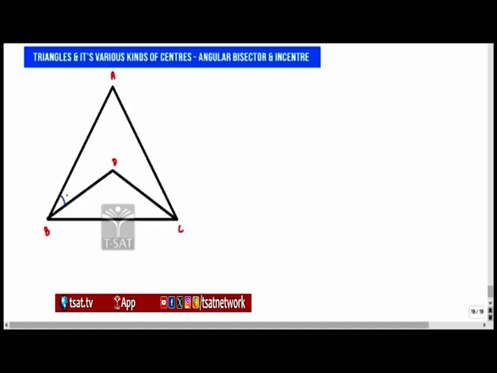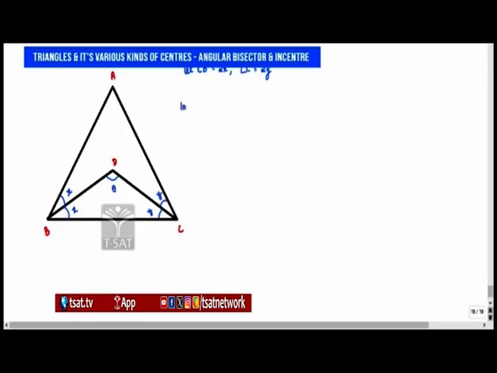Let angle B be 2x and angle C be 2y. So it bisects the angle, therefore x, x, and y, y. If this angle is theta, our aim is to find this angle theta.